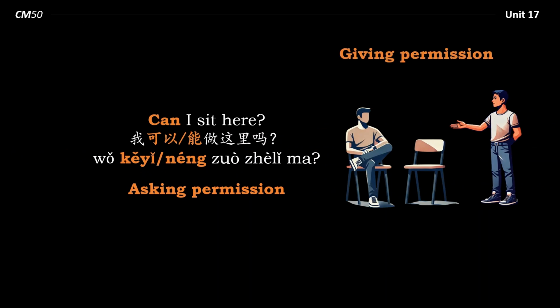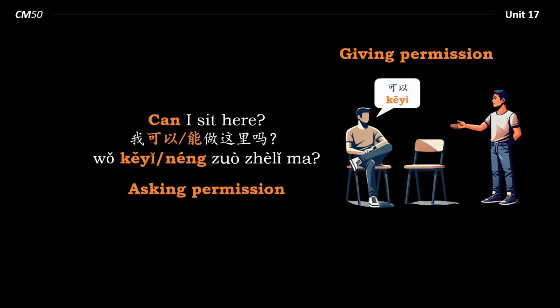Now, what about giving permission? Well, firstly, we've learned in previous lessons that to say yes or no, we either affirm the verb or negate the verb. So if someone were to ask, 我可以坐这里吗? To say yes, we would say 可以. To say no, we would say 不可以. But here's the important point.